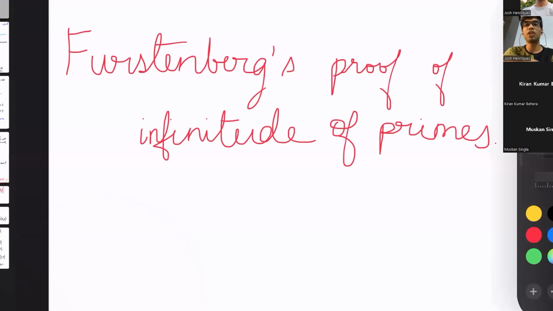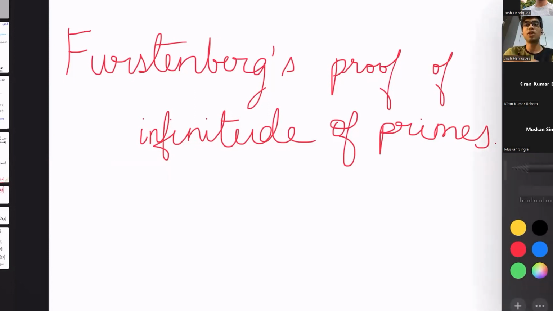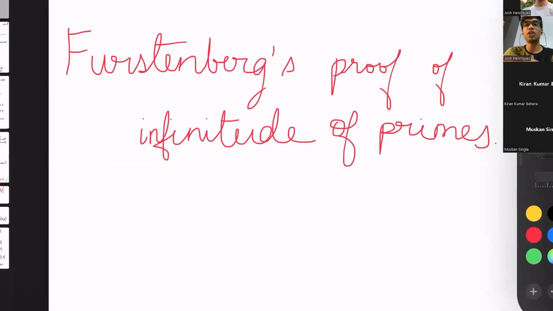But the proof we'll be discussing today is a more recent one given by Furstenberg. It's a topological proof, as in we use some special sets to define a topology on the set of integers, and we use that to prove that there are infinitely many primes.